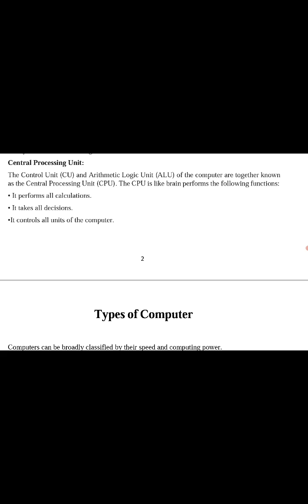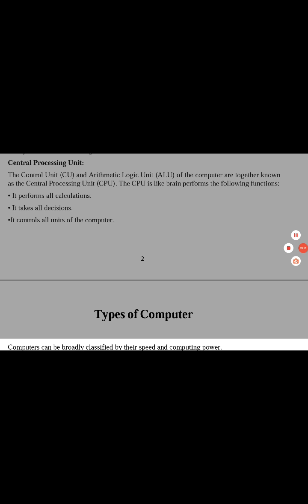The CPU is called the brain of a computer. It performs calculations, takes decisions, and controls all the units of the computer, like the memory unit, input output unit, and others.